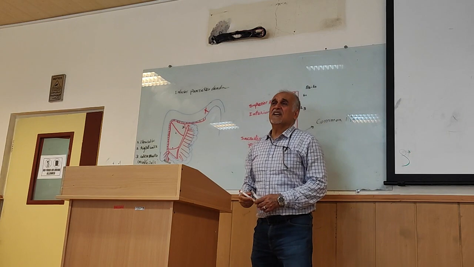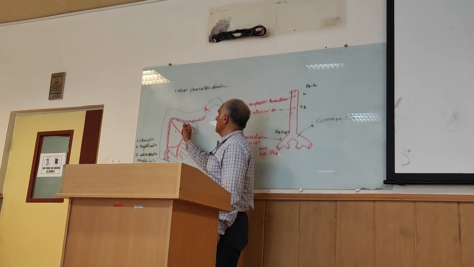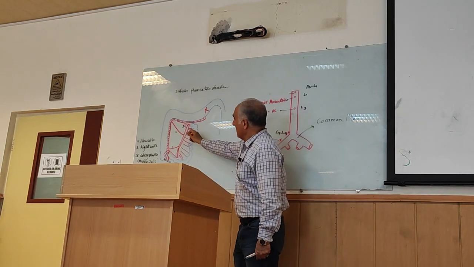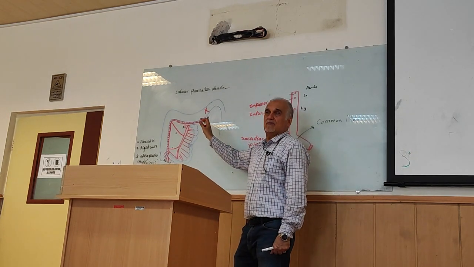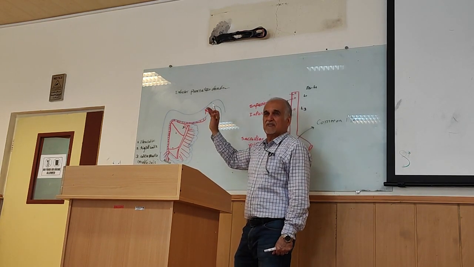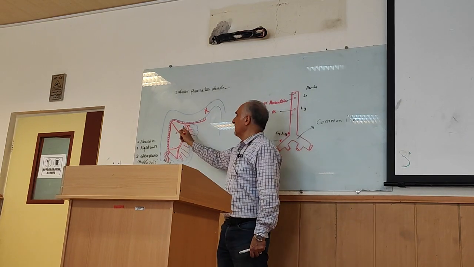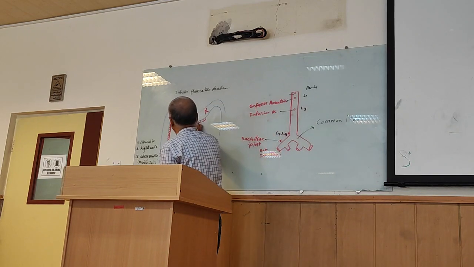Again, there is a lot of variation for this. It may separate from the main trunk or from the first branches that supply the jejunum. So we cannot say exactly whether it separates from the main trunk or not, but we have this here. We just mark here.